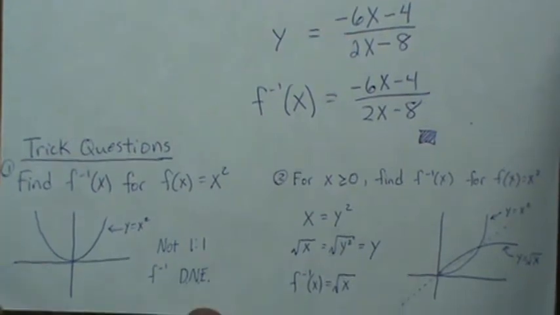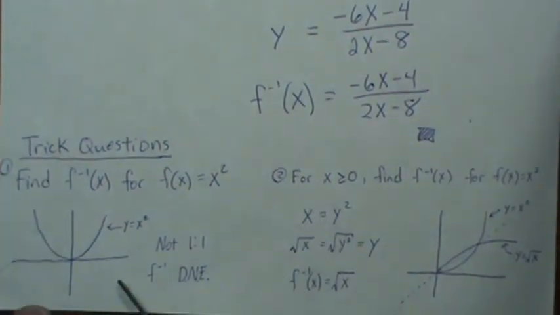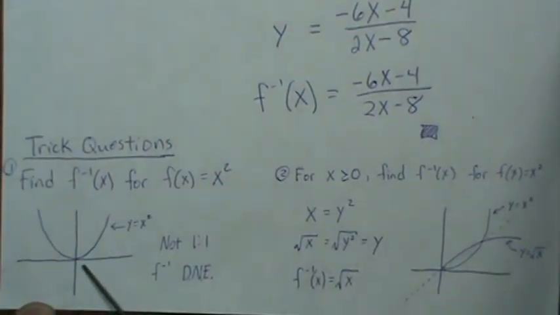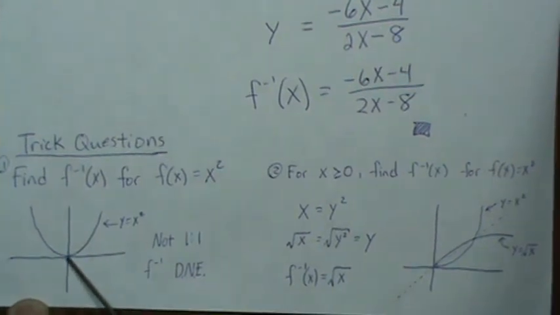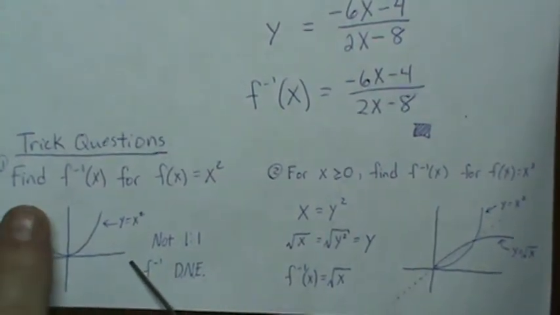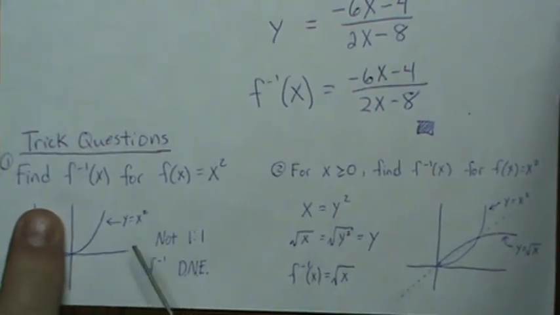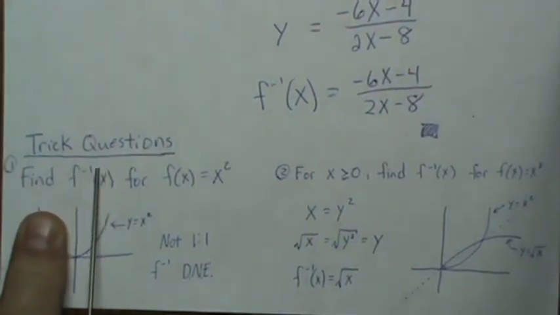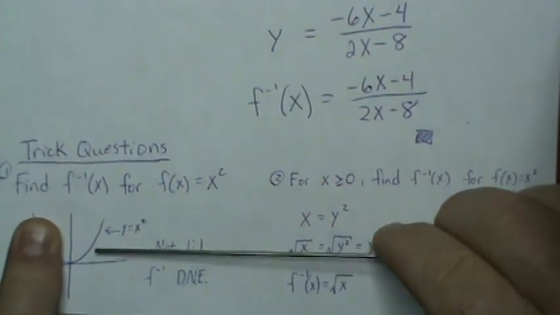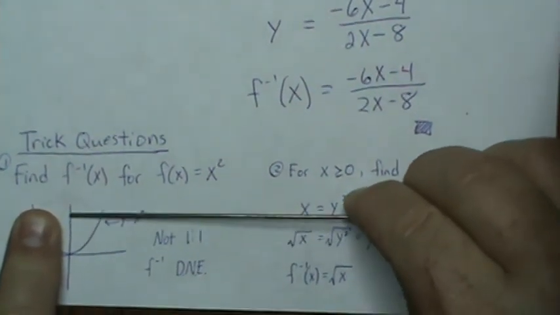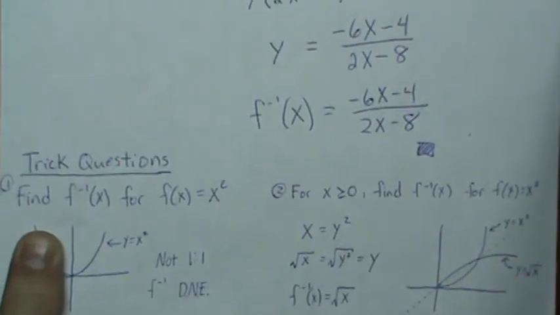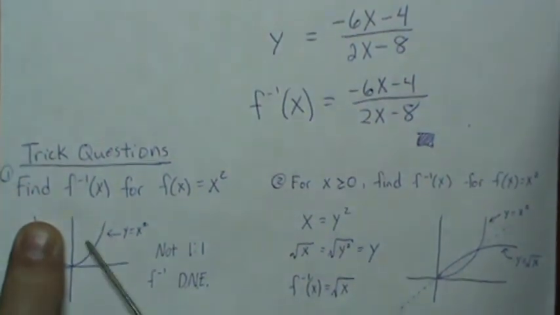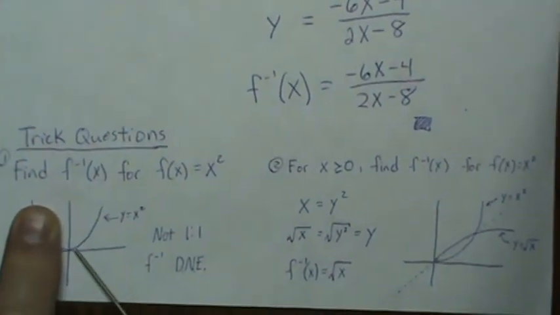So one thing that we can do is we restrict it only to x equals 0 or greater. So if we cover up this piece here and only look at this, it passes the vertical line test and it passes the horizontal line test. So let's find an inverse function to just this piece.